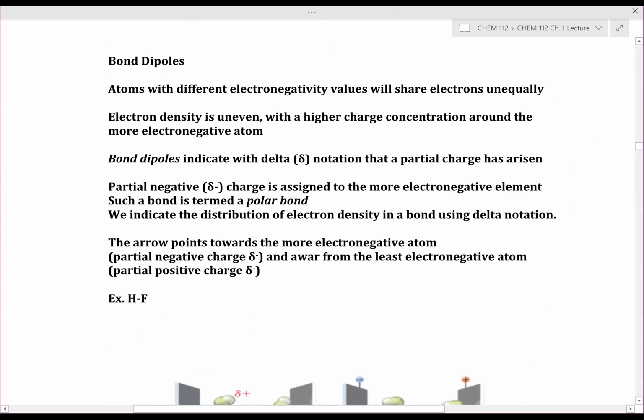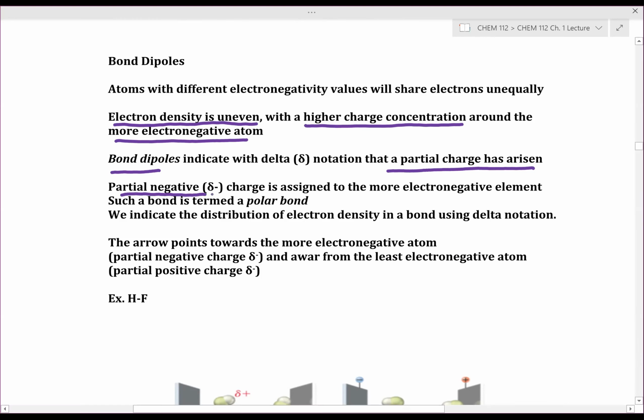There is a higher concentration of negative charge, a higher concentration of electron density around our more electronegative atom. Bond dipoles, which utilize delta notation, indicate that a partial charge has generated. There is a concentration of negative charge, a concentration of electron density, or a concentration of positive charge, a region lacking electron density. So a partial negative charge is assigned to the more electronegative element.